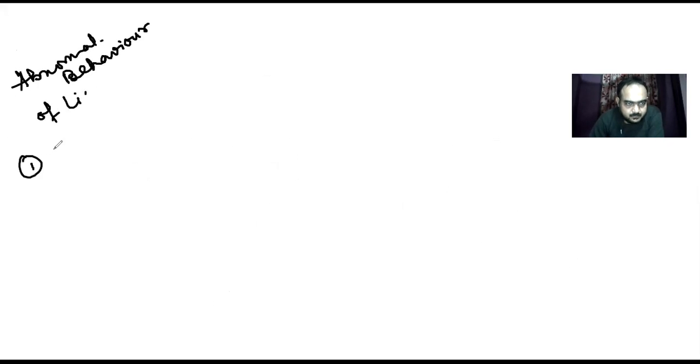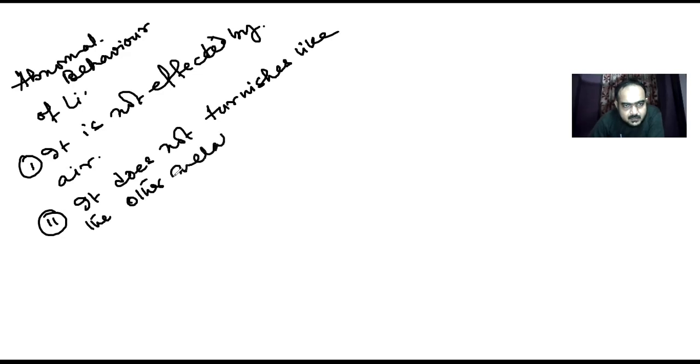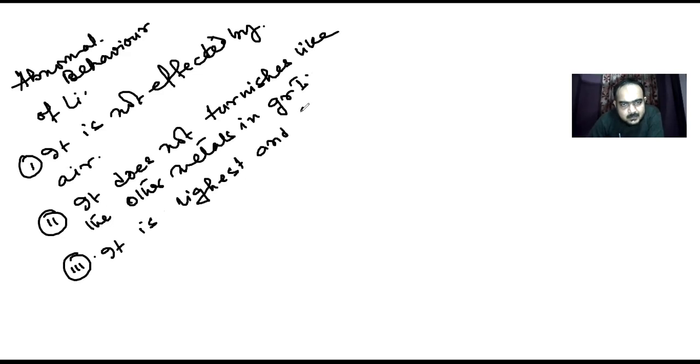Number 1, it is not affected by air. Number 2, it does not tarnish like the other metals in group 1. Number 3, it is lightest and stored under paraffin.